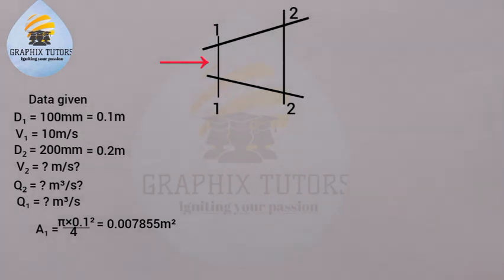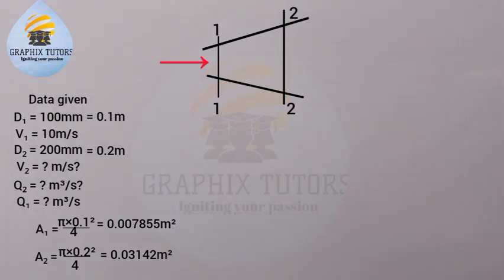Similarly, if I do the same thing for A2, having pi D2 squared over 4, pi multiplied by 0.2 squared all over 4, I'll be having A2 to be 0.03142 meter squared. So this is what we have here for our parameters.